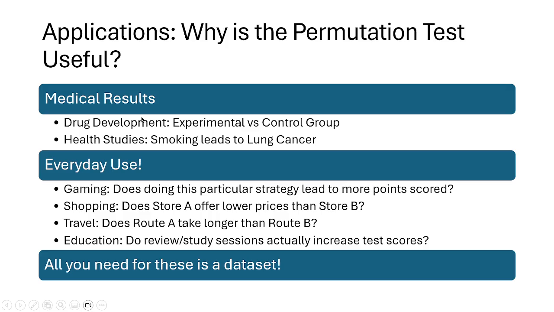You would have to do extra proofing to actually say that smoking leads to lung cancer, but that's out of the scope of this. Beyond that, there's everyday use for this. You can use this wherever. It's one of the most versatile tools, just being able to say that something and something are correlated, right?